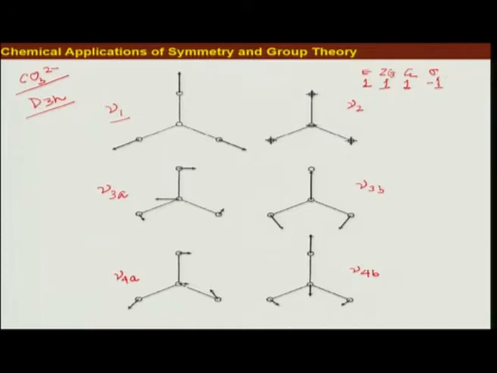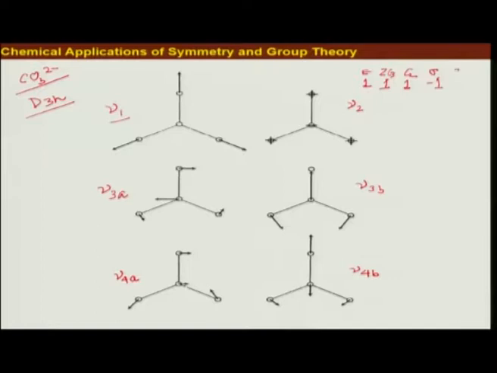And then we have S3. S3 is the effect of C3, which doesn't do anything, but then there is a perpendicular sigma plane, so that is going to invert everything. So S3 is again going to give me -1, and then we are left with sigma v. Sigma v is not going to change anything, right? So sigma v will give me +1.